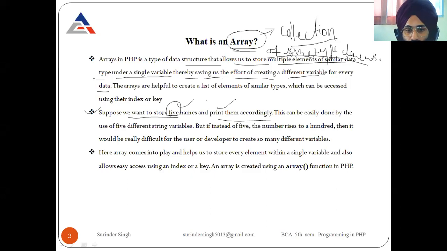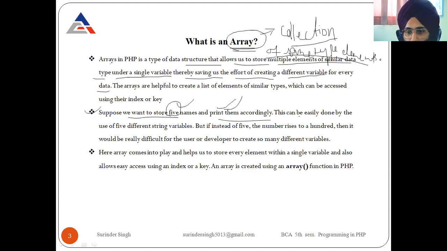You have to process individual elements separately, and for printing you have to write 5 printing statements. Clear?